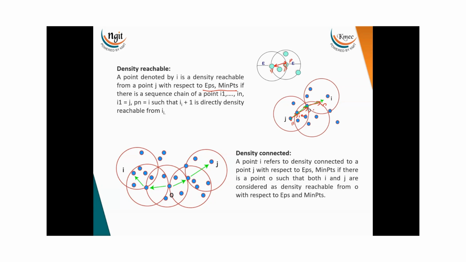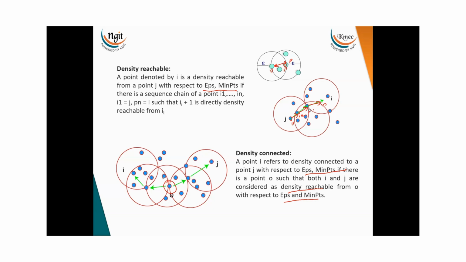Now, what is density connected is, here we are having points I and J, right? Using the epsilon and minimum points, if there is an extra point called O, then using this O, we'll be considering I and J as density reachable from O with respect to the epsilon and minimum points.